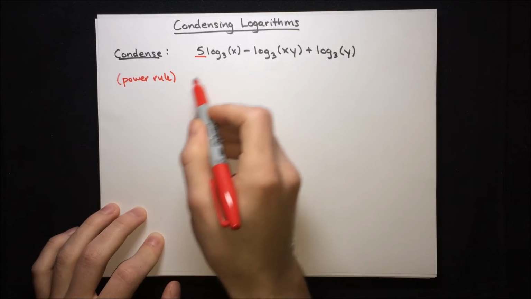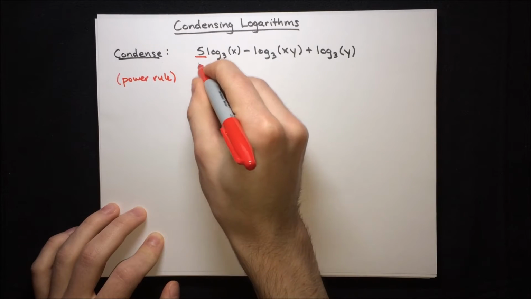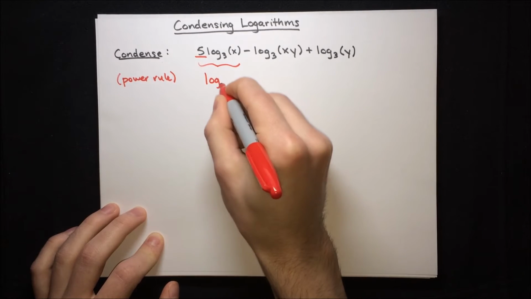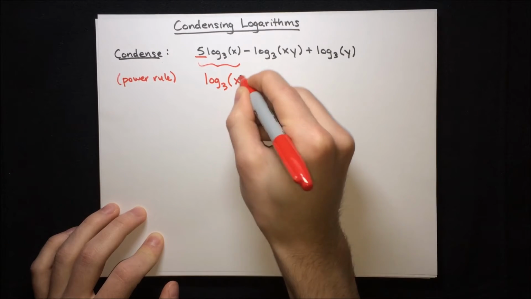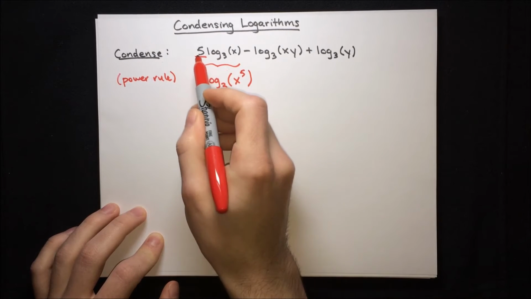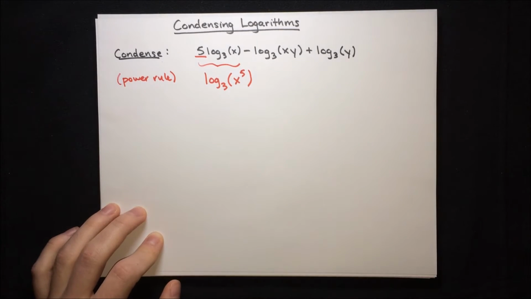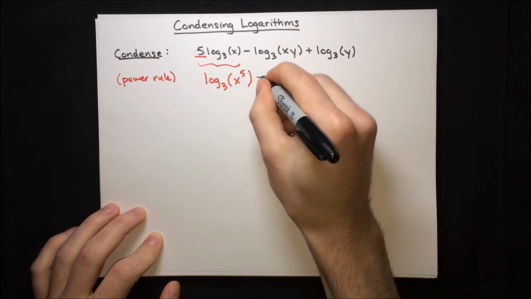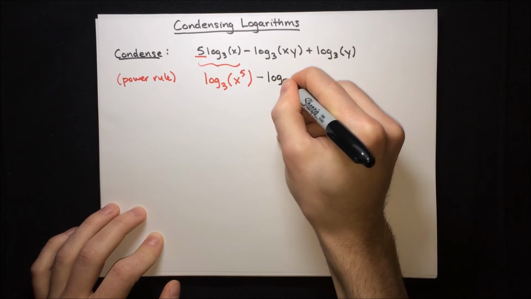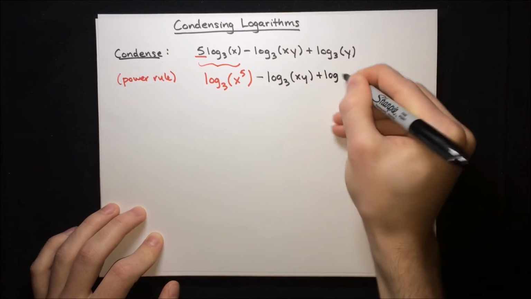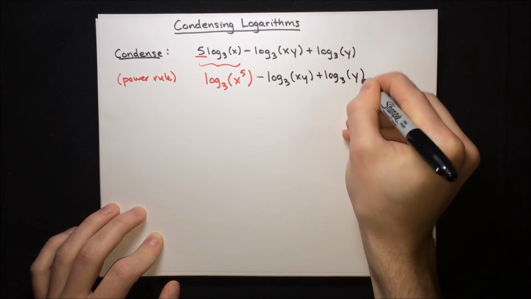So the power rule says that this term, 5 log 3 x, is equivalent to log 3 of x to the 5th. We can take that number and put it on an exponent of the term inside of the log. And then we'll keep the other terms the same. Log 3 xy plus log 3 of y.